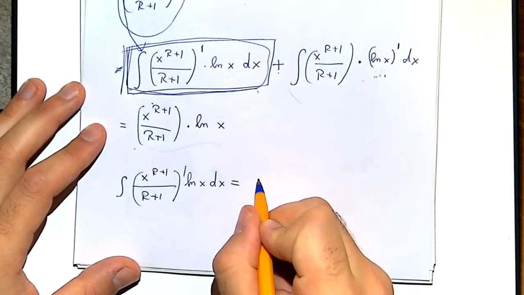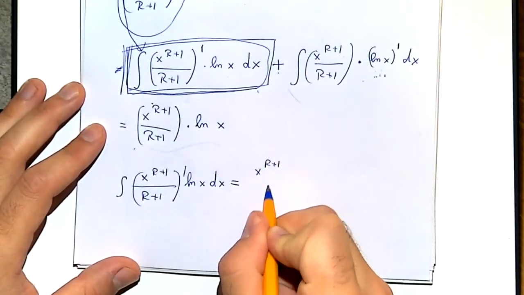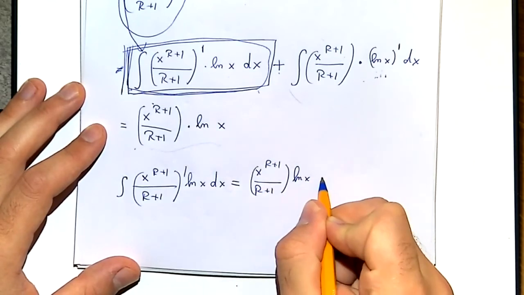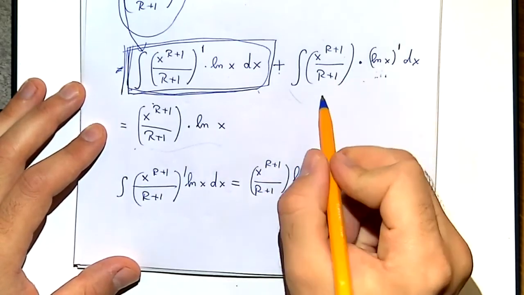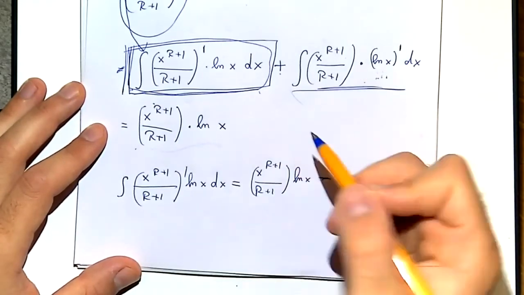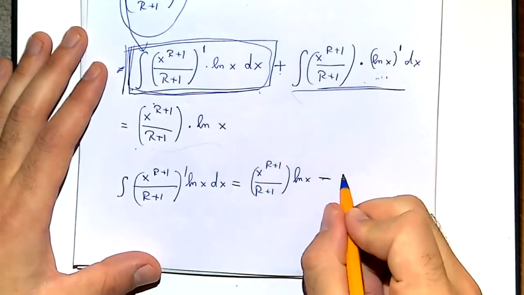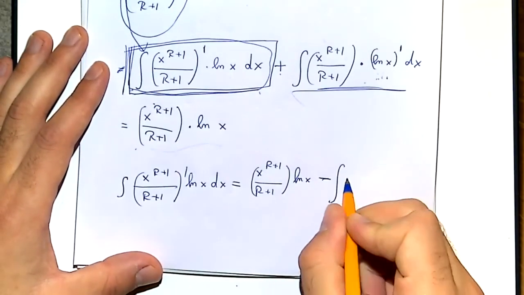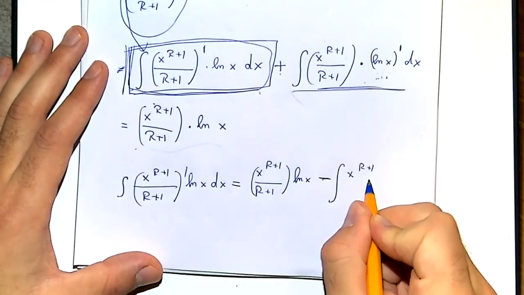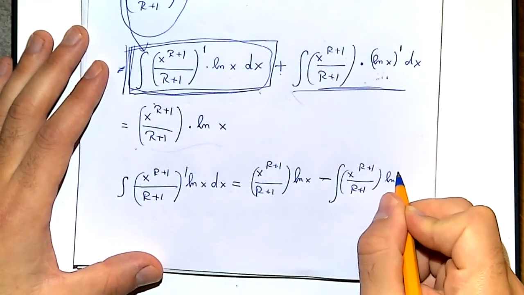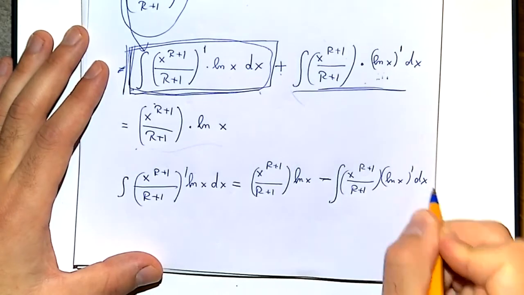So this is just equal to x^(r+1)/(r+1) log of x minus, I just move this to the other side with a minus, the integral of x^(r+1)/(r+1) times the derivative of log of x dx.